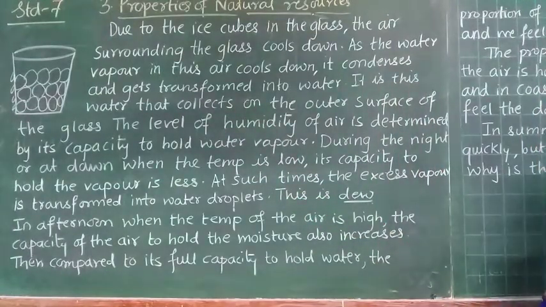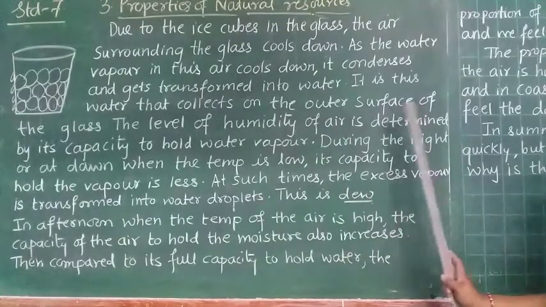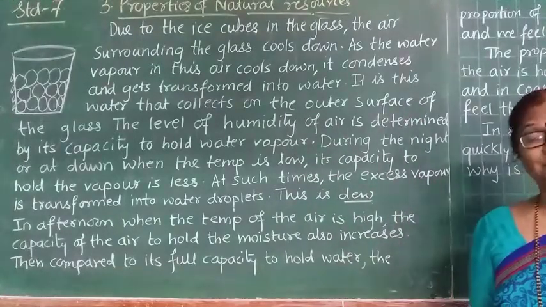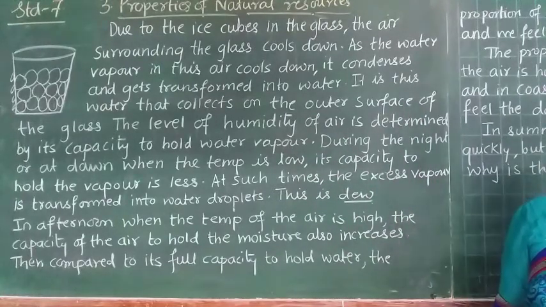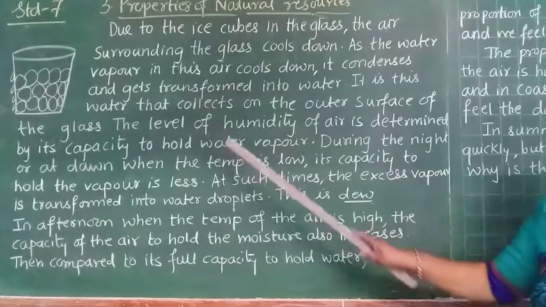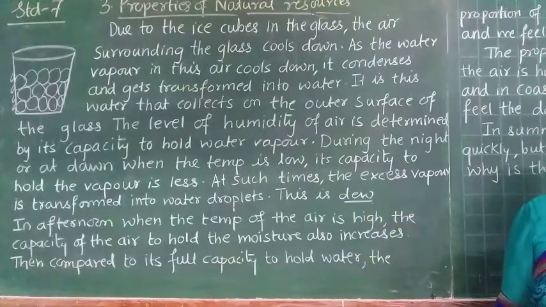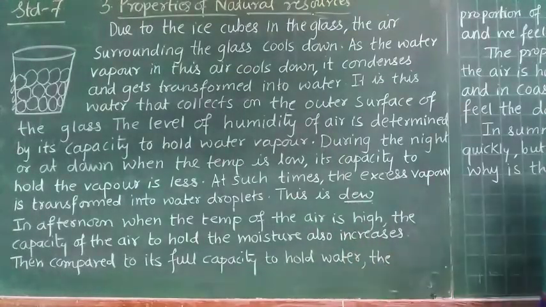We know that the level of humidity of the air is determined by its capacity to hold water vapor. That means, how can we determine the level of humidity? The level of humidity of the air can be determined by its capacity to hold water vapor.